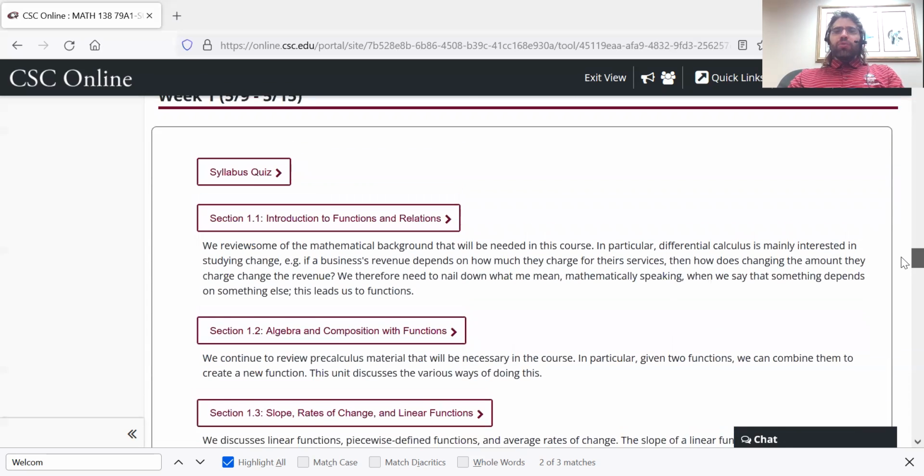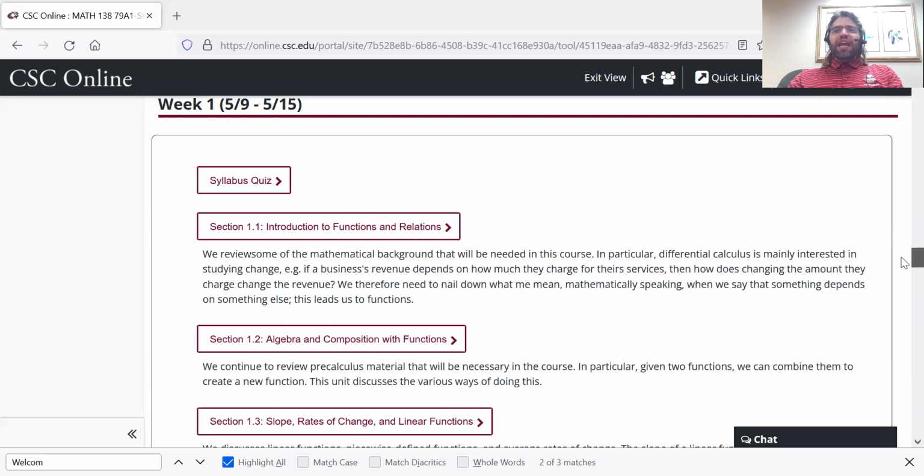So this schedule isn't absolutely binding. You can lag a little behind, you can get a little ahead, but I would strongly recommend that you stick to it as closely as possible.